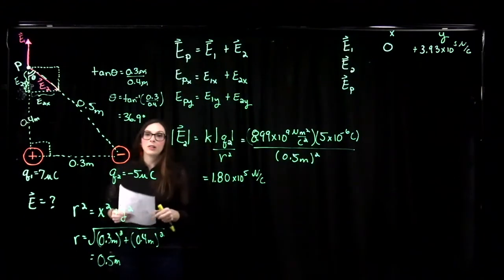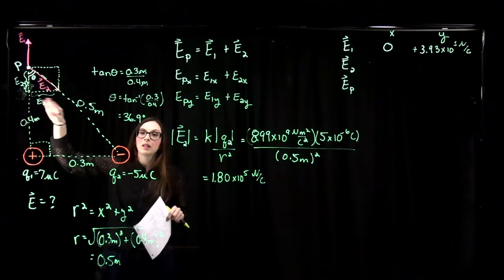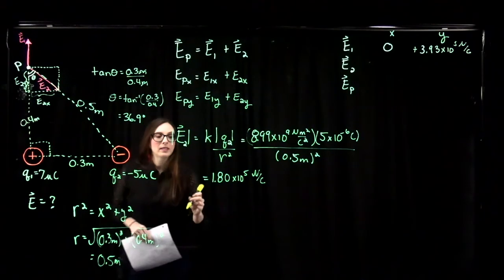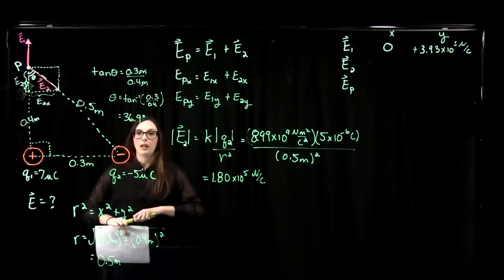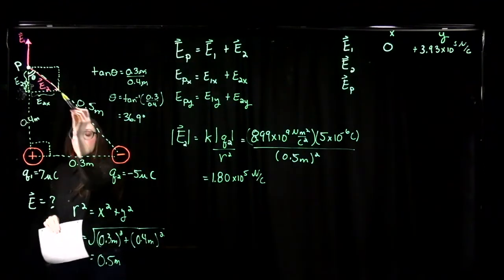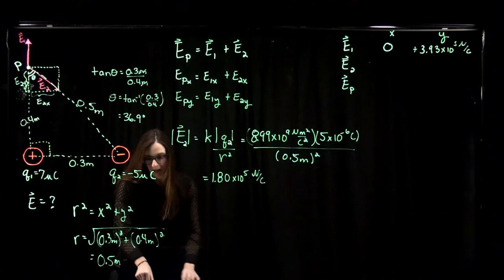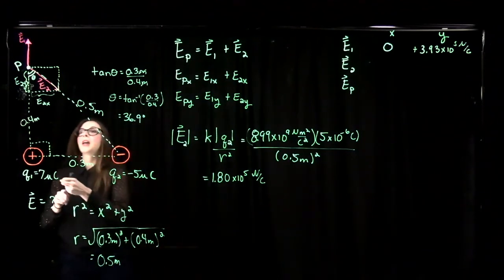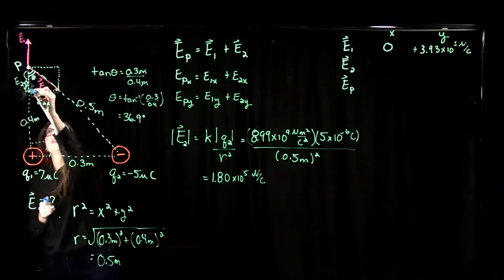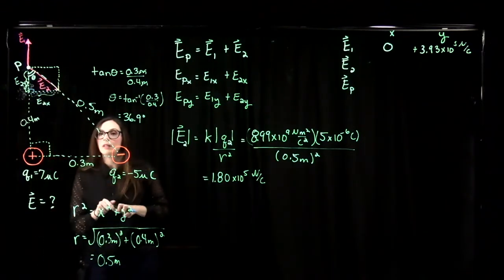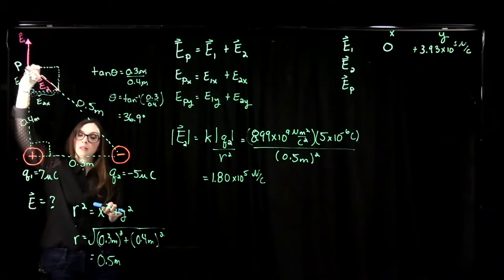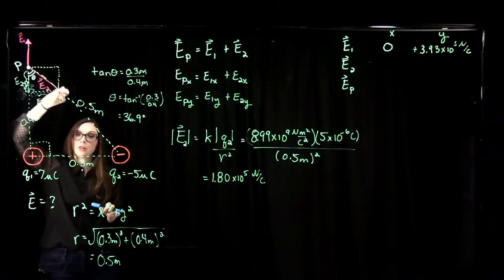Why did I do that? We need that angle so that we can get the x component and the y component of my vector E2. Let's think about the x and y component of our E2 vector. We can draw another little triangle, which is what I've done right here. It's got its leg of E2x, its other leg of E2y. This is a right angle triangle, and the hypotenuse of that triangle is the magnitude of our vector E2.